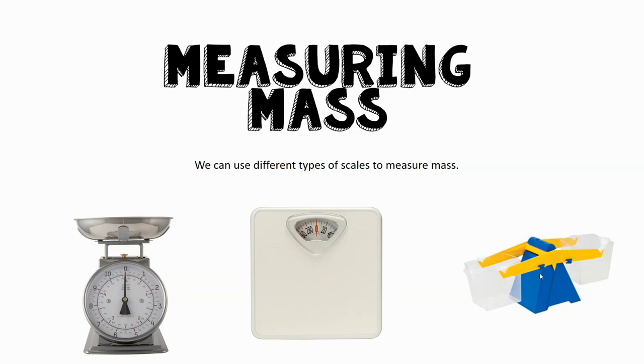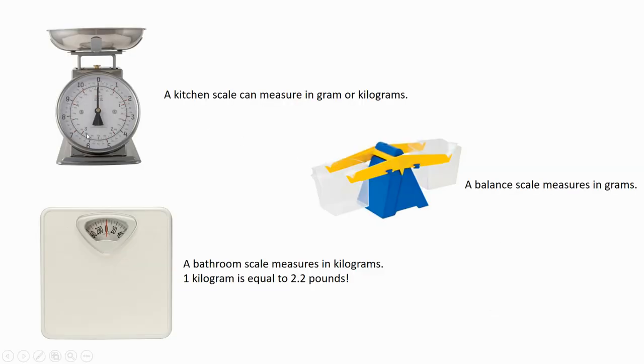So a kitchen scale can measure things either in grams or kilograms. And remember we talked about grams would be like lighter objects, right? Something a little bit lighter. And kilograms would be heavier objects that I could measure, maybe things in my kitchen, like food, okay? A bathroom scale measures in kilograms.